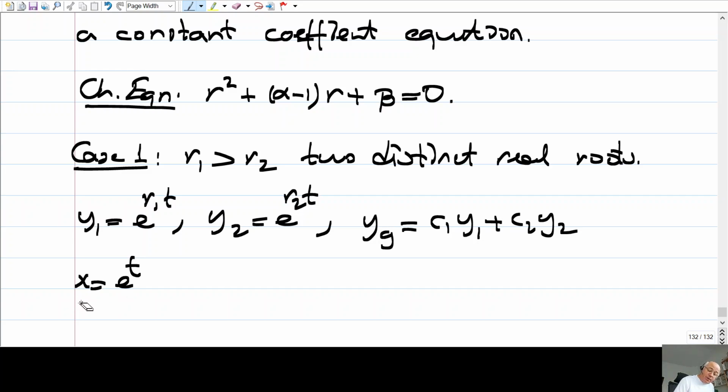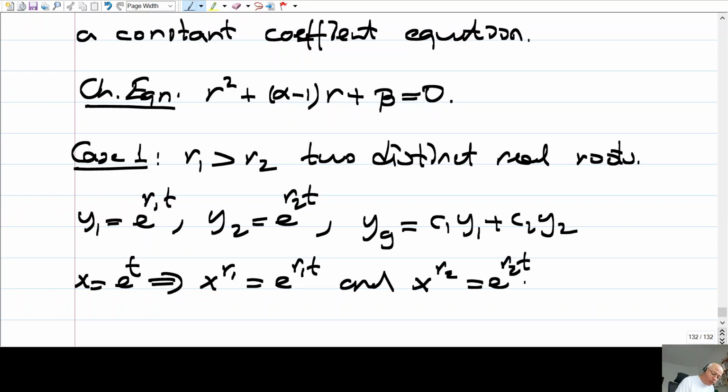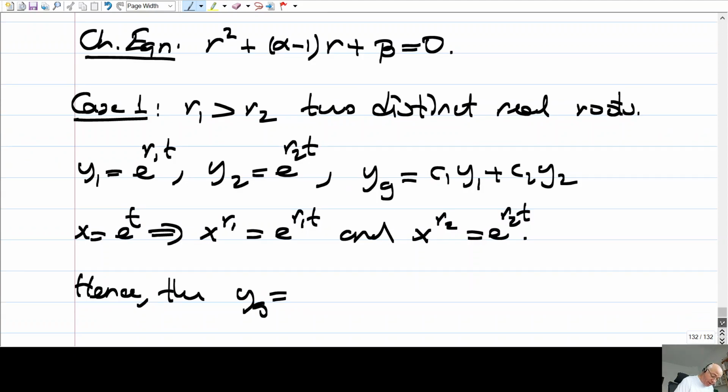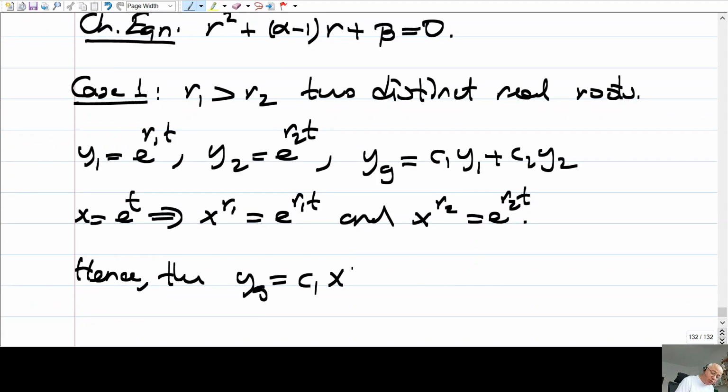So x to the power r1 is e to the power r1 t, and similarly x to the power r2 is e to the power r2 t. Hence the general solution is c1 times x to the power r1 plus c2 times x to the power r2.